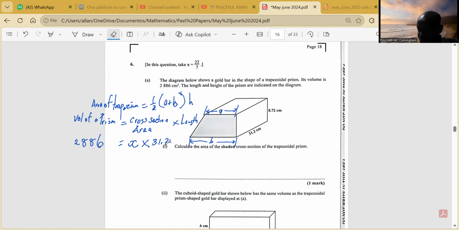They gave us the volume, they gave us the length. Put your answers in the chat.